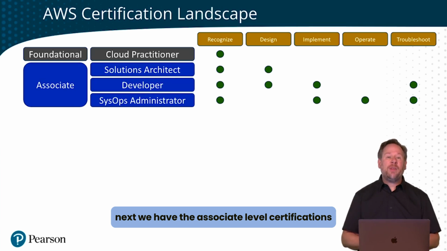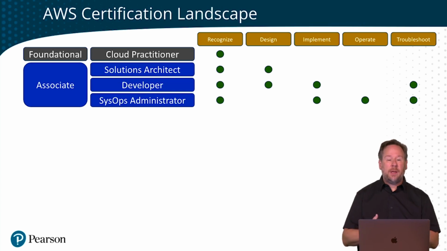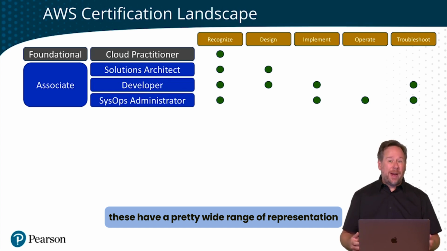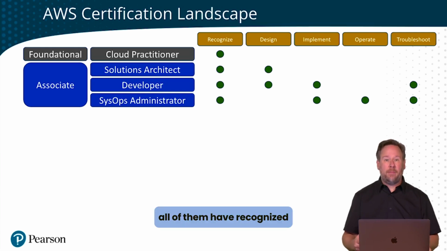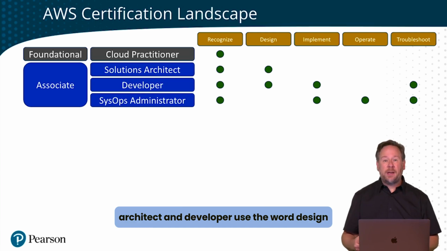Next, we have the associate level certifications, represented by this exam, Solutions Architect, Developer, and SysOps Administrator. And as you can see, these have a pretty wide range of representation across those different action words. All of them have recognize, but only Solutions Architect and Developer use the word design.